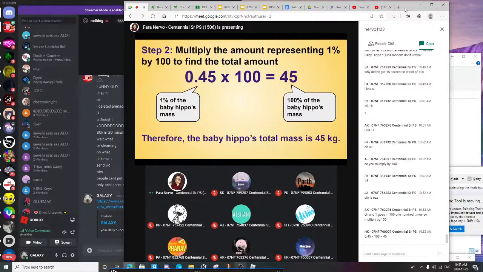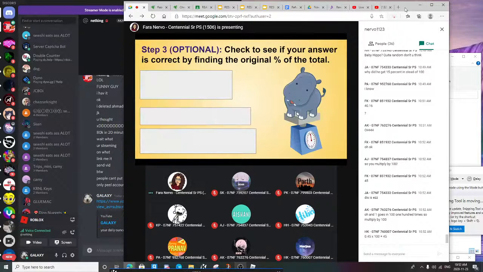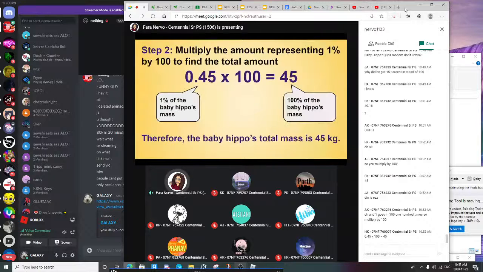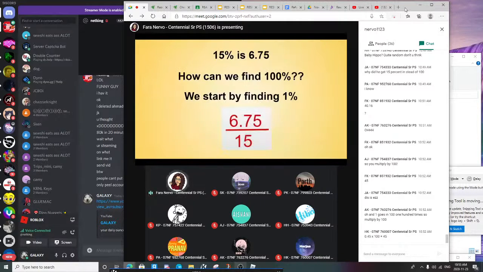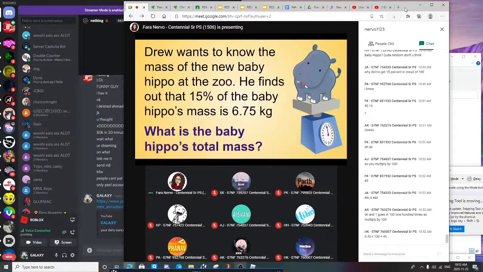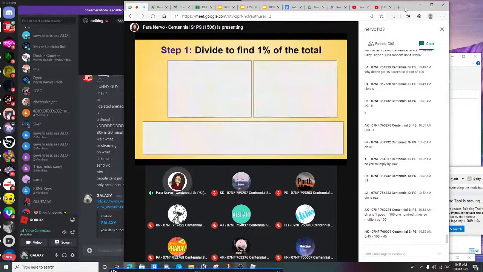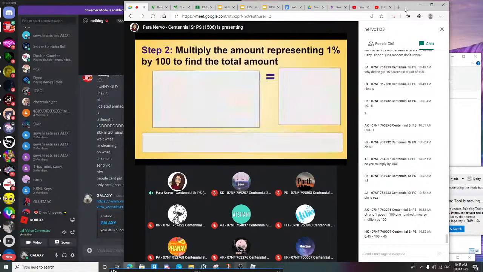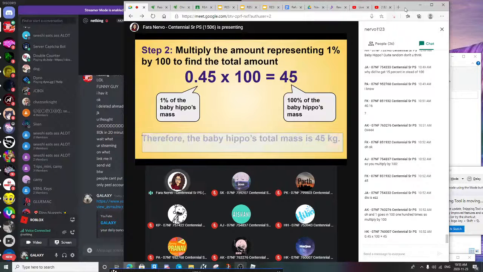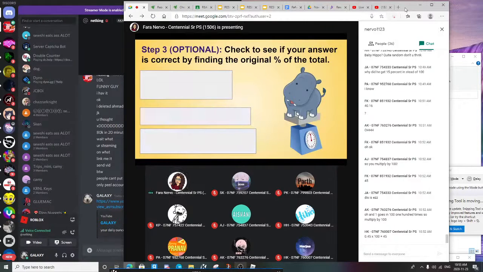Okay, I'll show you another example. Here's an optional thing. If this confuses you, ignore it. In order to find out if you're correct, think about this: 15% of the baby's mass is 6.75, and if we think that the whole mass is 45 kilograms, then how can we check to make sure we're right?